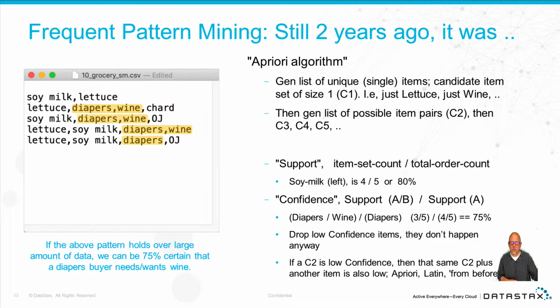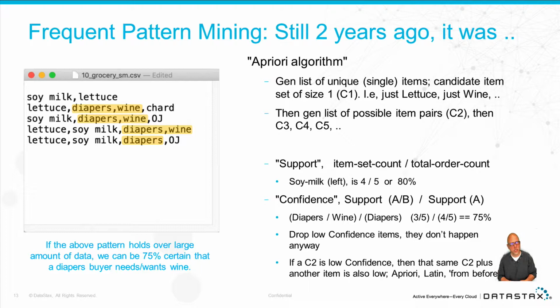Going through the first step of the a priori algorithm, we go through the list of orders and we first generate a list of unique single items. You will see why. So just lettuce, just wine, just soy milk, just OJ. And this tends to be called candidate item of size 1, aka C1.